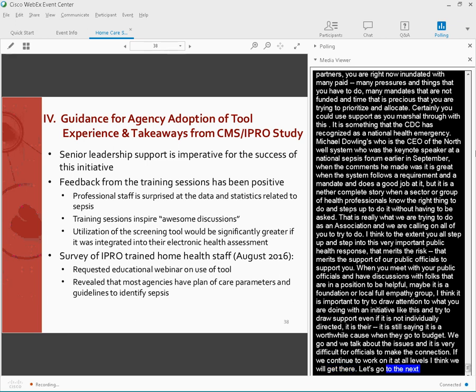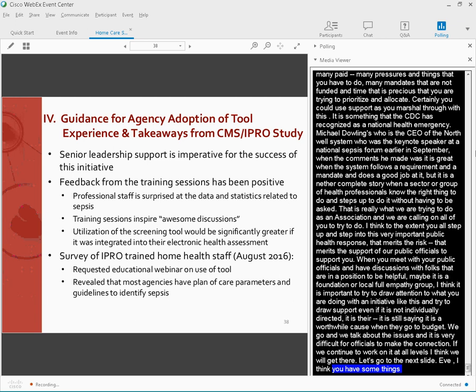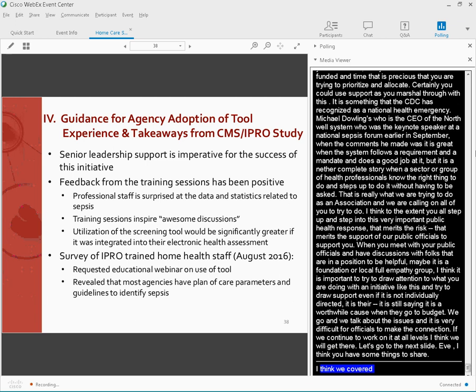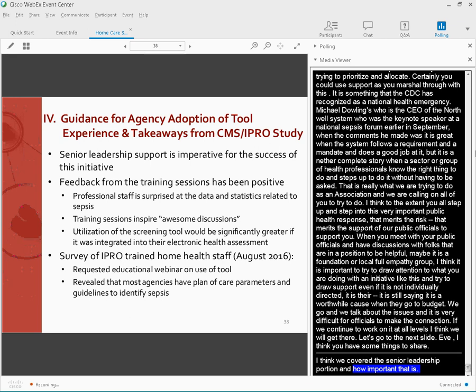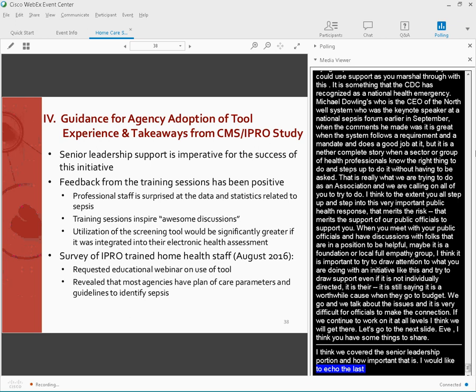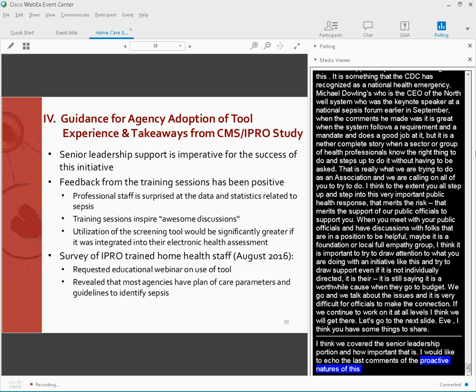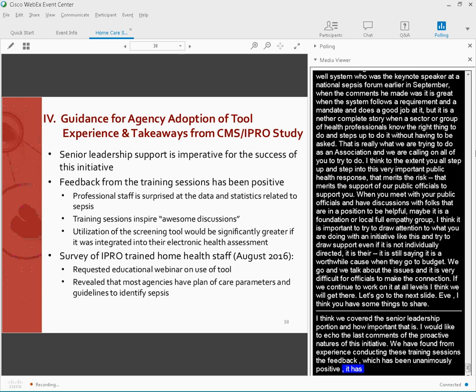Well, I think we've pretty much covered the senior leadership support aspect and how important that is. But I'd like to echo Al's last comment about the proactive nature of this initiative. We have found from experience conducting these training sessions that the feedback, which has been unanimously positive, has mostly been that staff is surprised at the data and statistics related to sepsis.